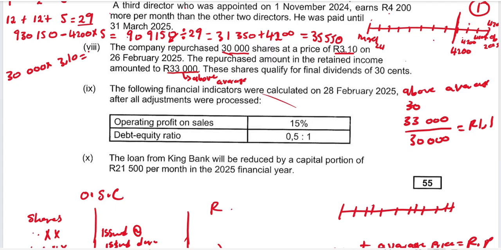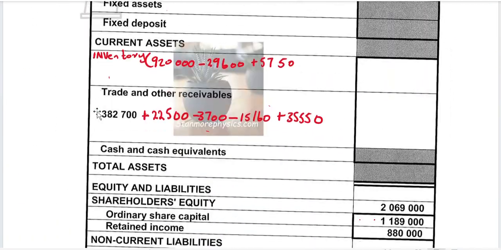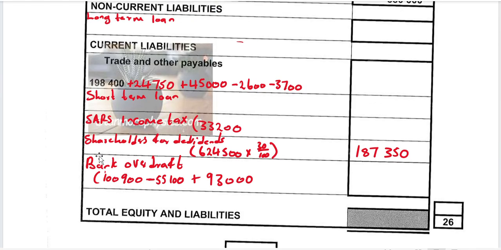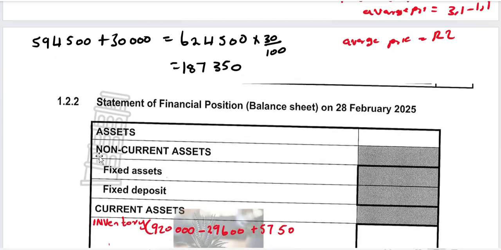We took 93,000 to repurchase shares, to buy back shares. We used 93,000. This 93,000 must go and be subtracted and added here on the bank overdraft, because it is increasing our overdraft. That's why you see. So here, let's go. We are done.